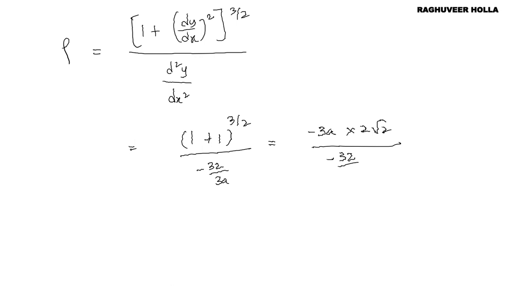So this results to minus 3a square root of 2 by 16.